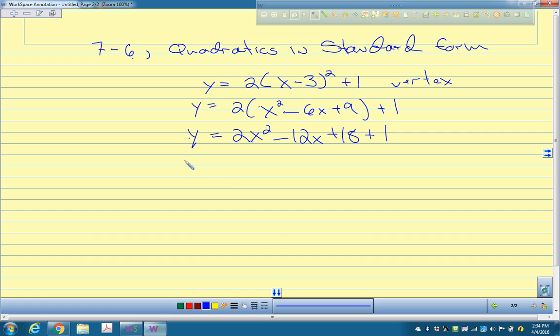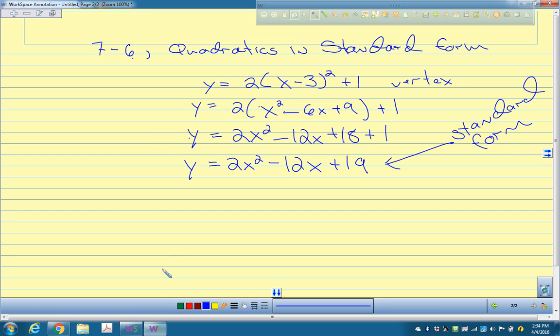If I add those two together, I get y equals 2x squared minus 12x plus 19. This is called standard form. So this and this make the same parabola, right?